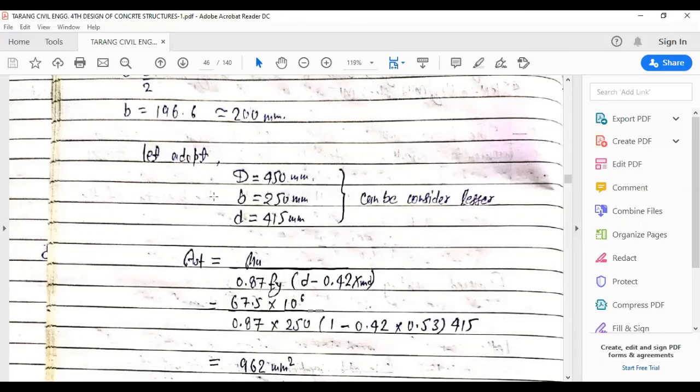After designing the section, the next job is to find the area of steel.